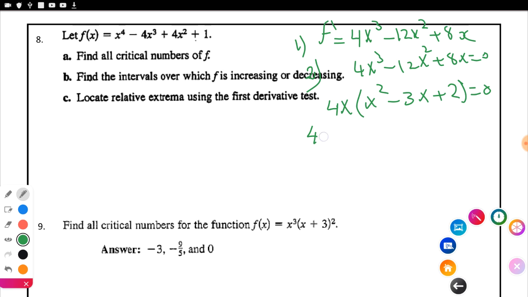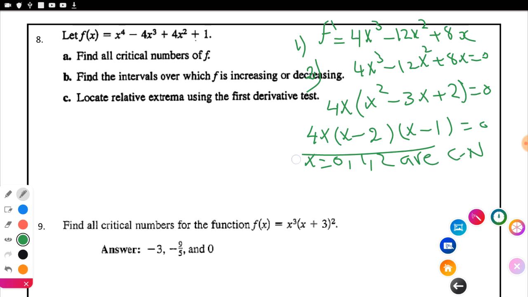By complete factorizing, because it must be a complete factorization, you can factorize the bracket by using a calculator: (x minus 2)(x minus 1), which implies x equal 0, 1, 2 are critical numbers. That is the first request.